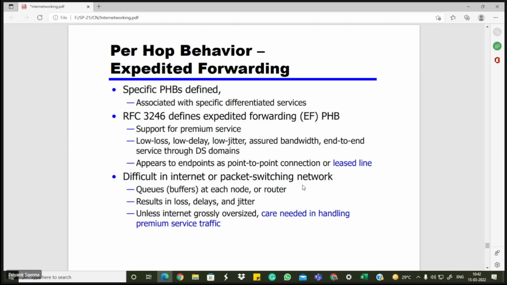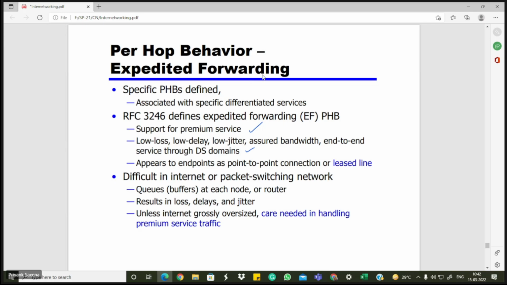The expedited forwarding per hop behavior provides the first of the two capabilities. It supports the premium service, as I showed: low loss, low delay, low jitter, assured bandwidth, end-to-end service through the DS domain.